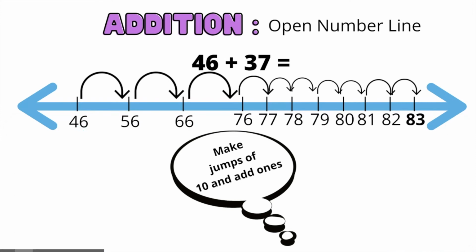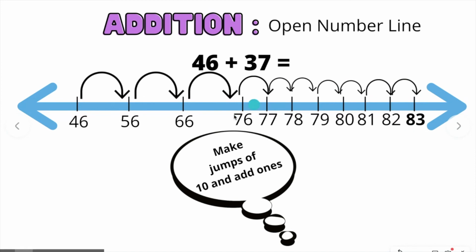So you need to add 37. So I'm going to jump by tens first. So I have 10, 20, 30, 31, 32, 33, 34, 35, 36, 37. That's how I got to my 83.